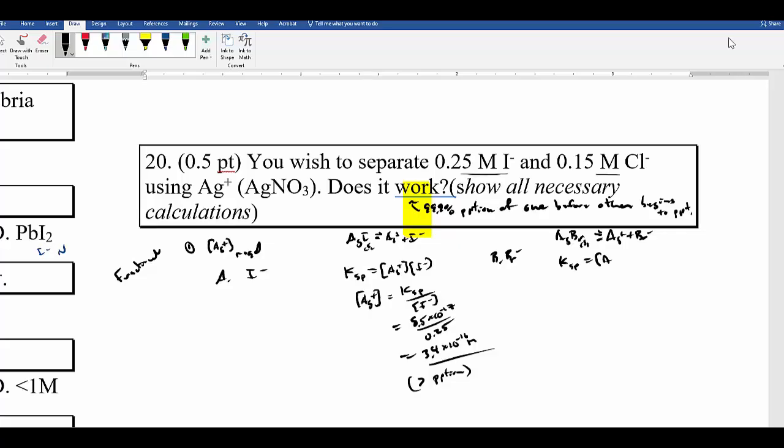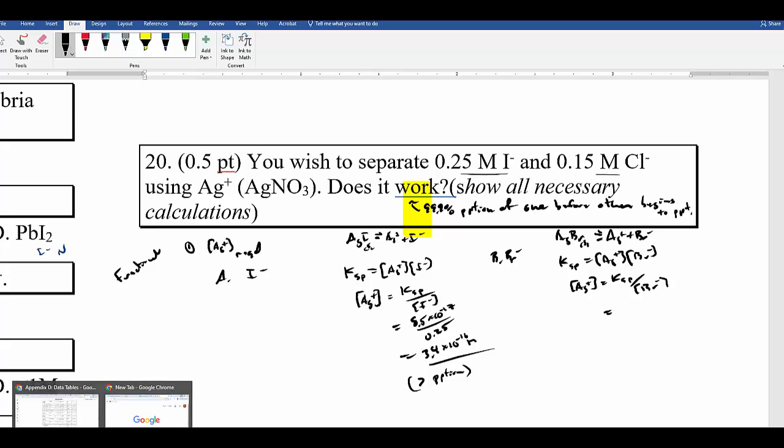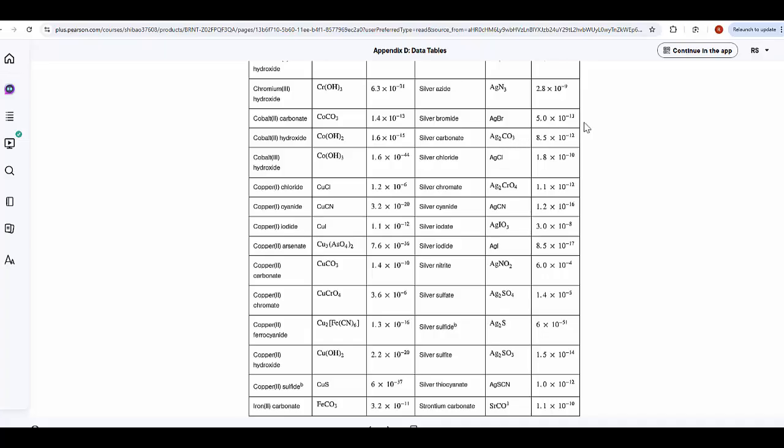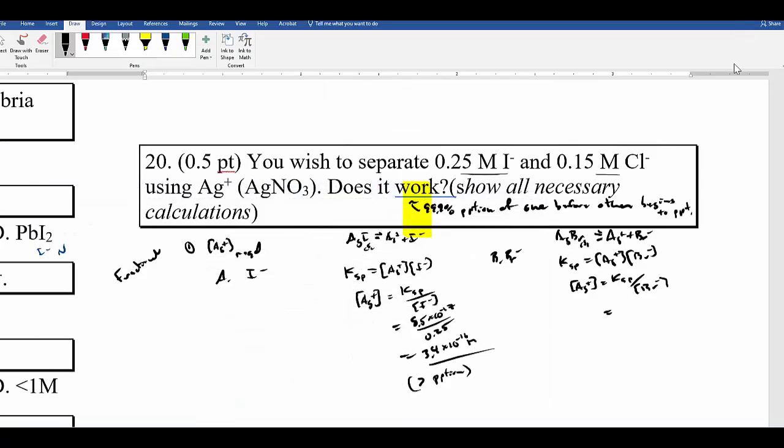It's silver ions times the bromide ions, and then we calculate the silver ion required for precipitation, which is KSP divided by the bromide concentration. For silver bromide, the KSP is 5.0 times 10 to the negative 13. And the bromide concentration is different here.